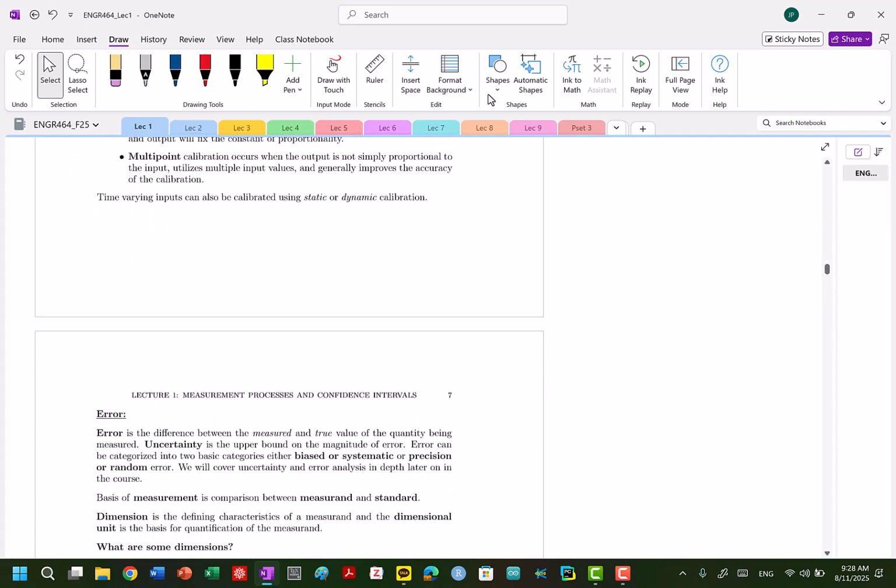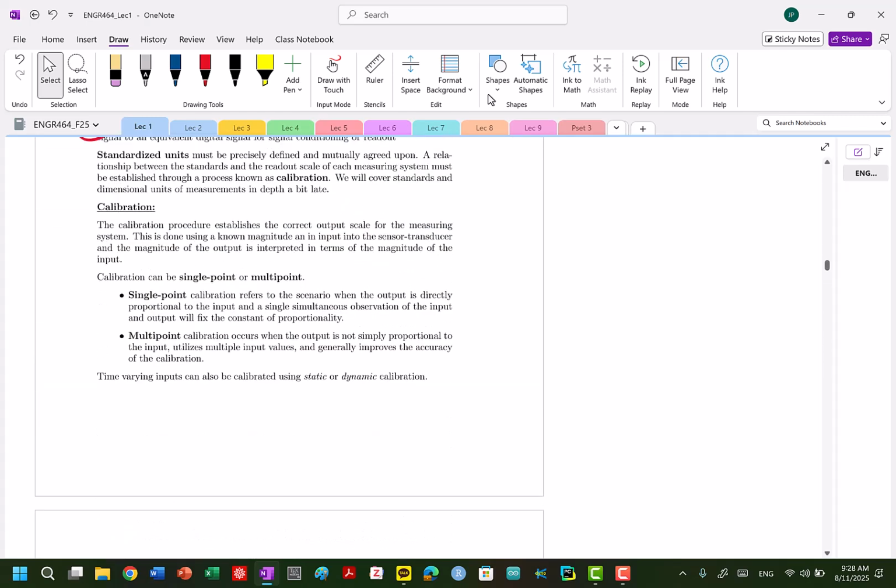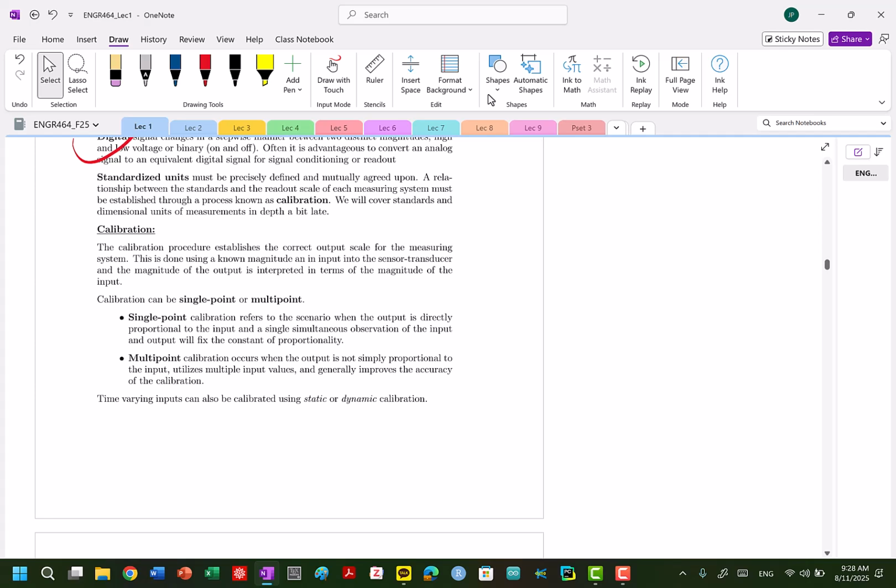Last thing I want to say before we end and start to get into a serious discussion about error: calibration is a very important step, as I drop my pen. Calibration is extremely important. It can be single point. It can be multi-point. It depends on the type of experiment, how much resources you have.